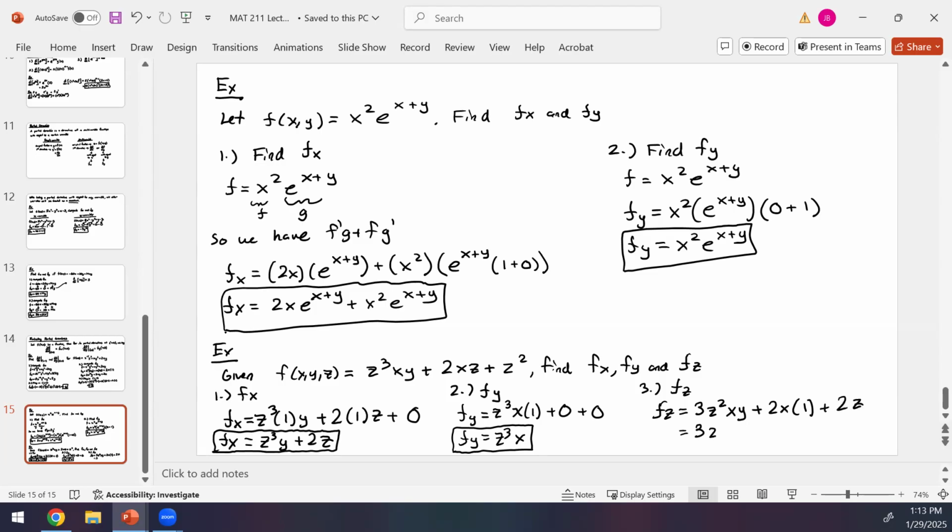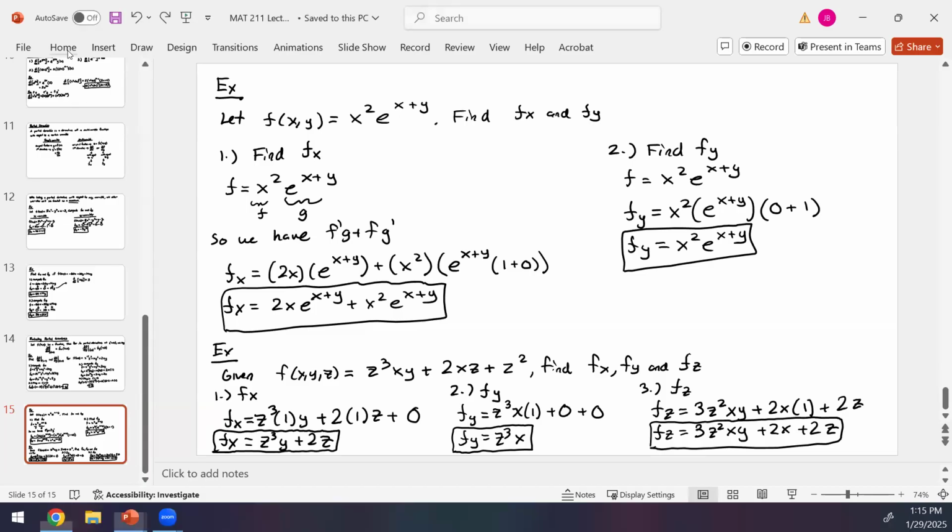And so we get 3z squared xy plus 2x plus 2z. And that is my derivative with respect to z. So again, it doesn't matter what letter they use, the procedure is still the same. You just have to be comfortable using other letters besides x and y.